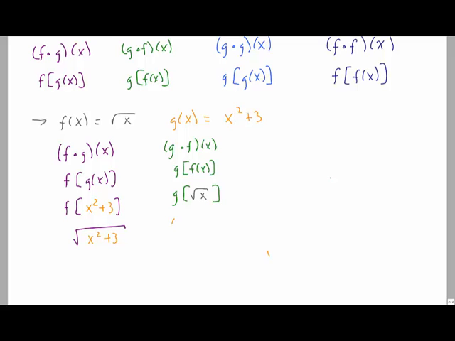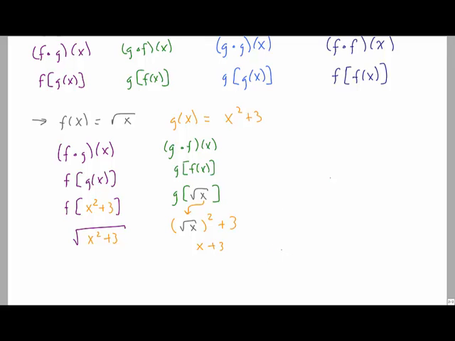So again, that's something squared, my variable squared, plus 3. Now in place of that x in my function, I'm going to plug in my argument here, which is the square root of x. So I get the square root of x, squared, plus 3. Now the square root of x squared, that cancels, and I'm just going to be left with x plus 3. Because again, the square root and the quantity squared cancel.